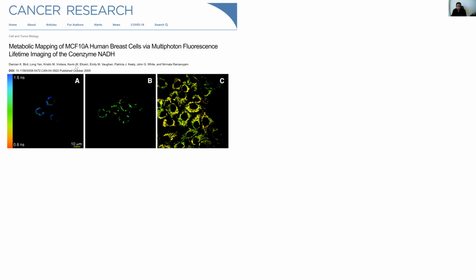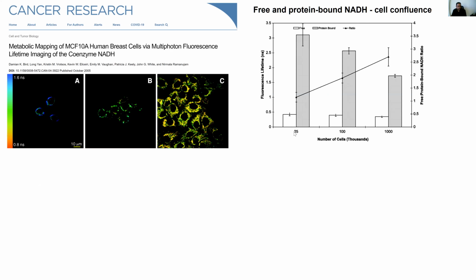The first paper that started that is from Damien Bard and Ramanujam. I don't know how I'm saying that, but they are looking at MCF10A breast cancer cells, and they are looking at how many cells are there. So they're looking at the level of cell density, in a sense. You can see that the lifetime changes from low cell density to high cell density.